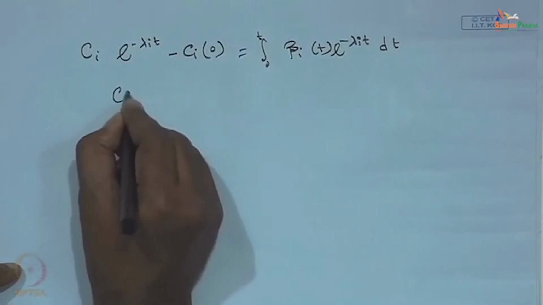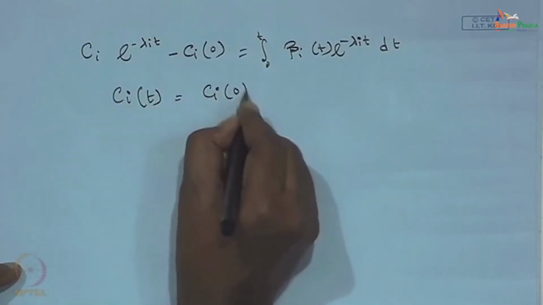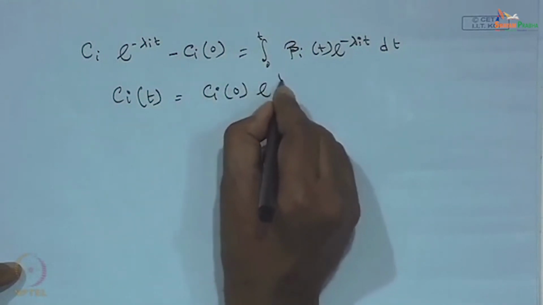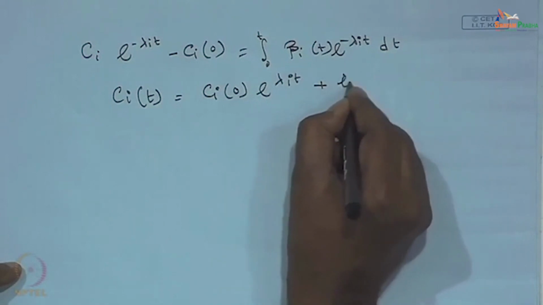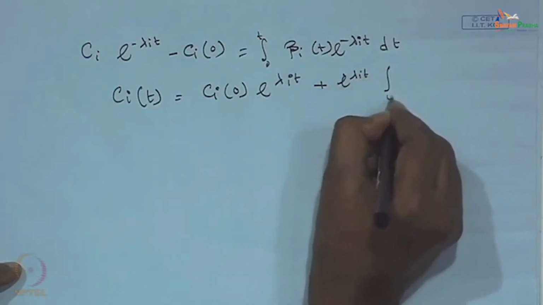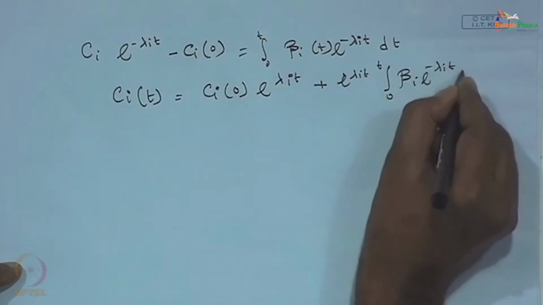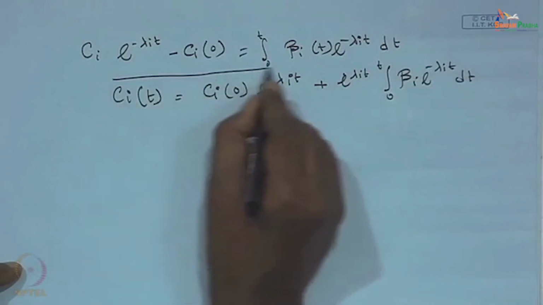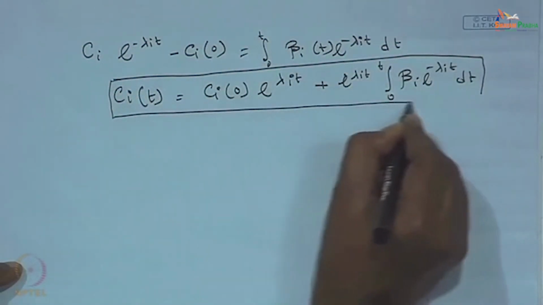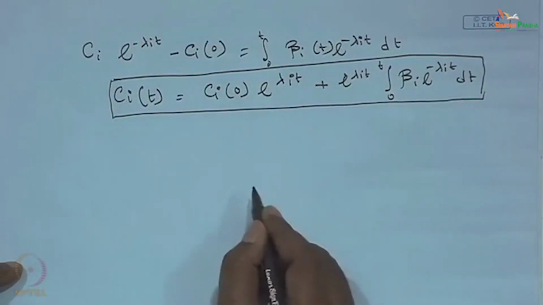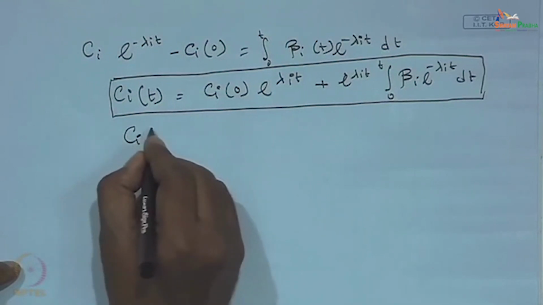And you will be getting c_i as a function of time as c_i0 e to the power lambda_i t plus e to the power lambda_i t times the integral from 0 to t of beta_i e to the power minus lambda_i t dt. So, we will be getting this expression as the final solution.